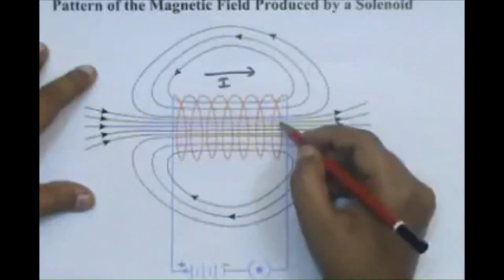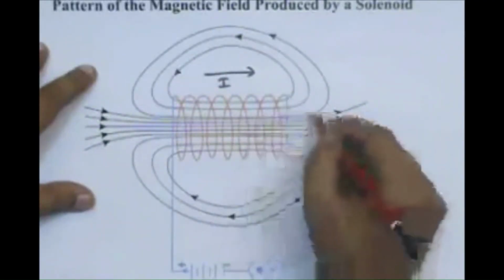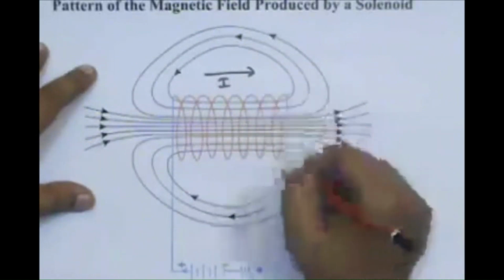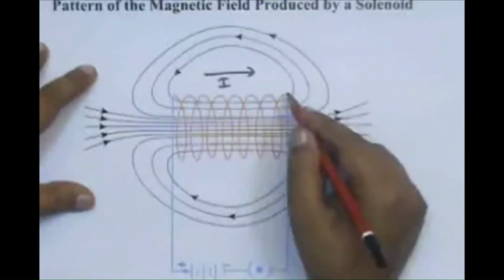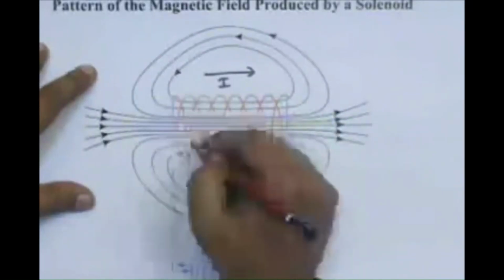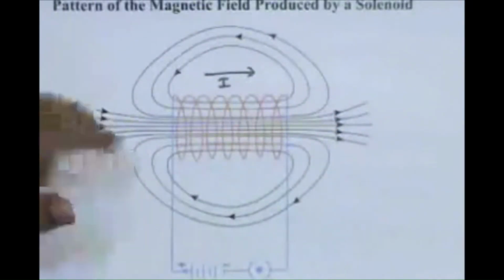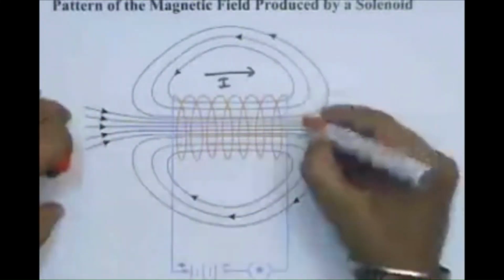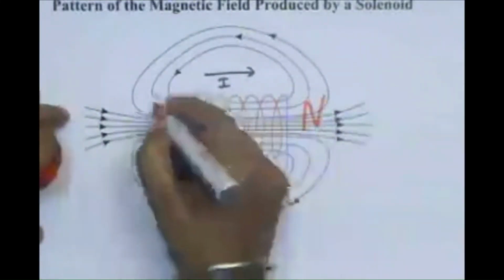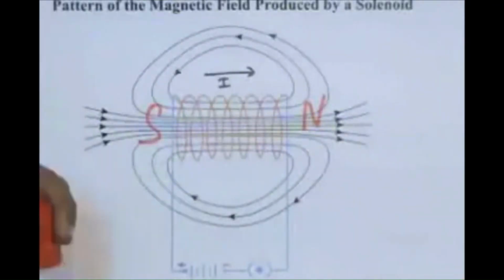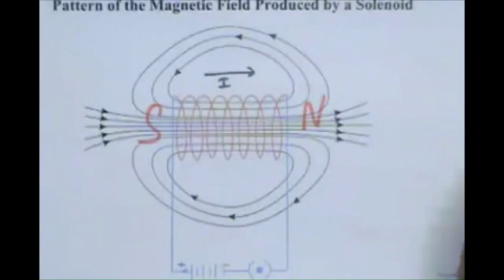If we compare it with the bar magnet, the side connected to the negative terminal will behave as a north pole, and the side connected to the positive terminal will behave as a south pole. So we can write this as north and this as south. This was the complete description of the magnetic field produced by a solenoid.